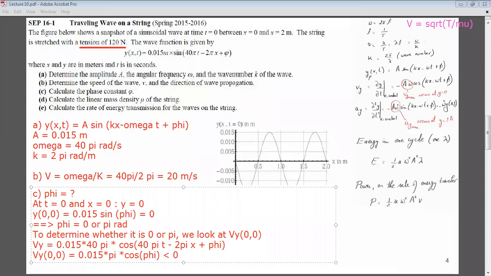When phi is equal to pi, not 0. So cosine of phi is negative, which implies phi equals pi. Okay, great. So we found phi.